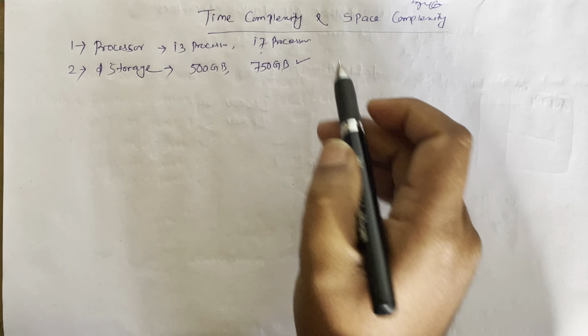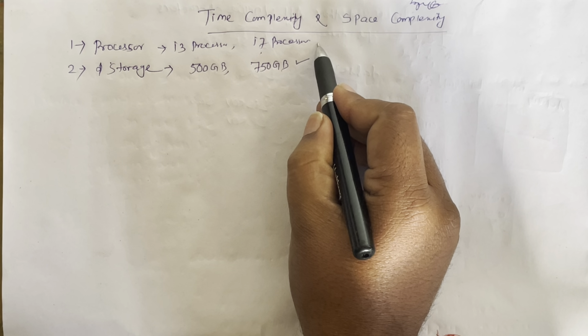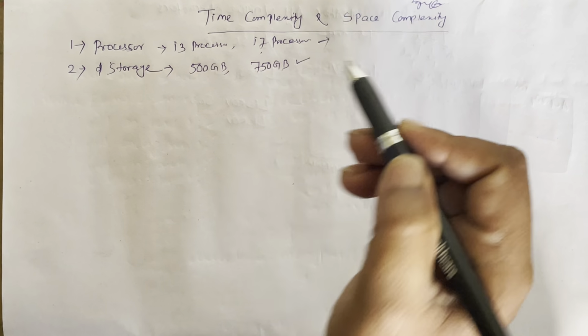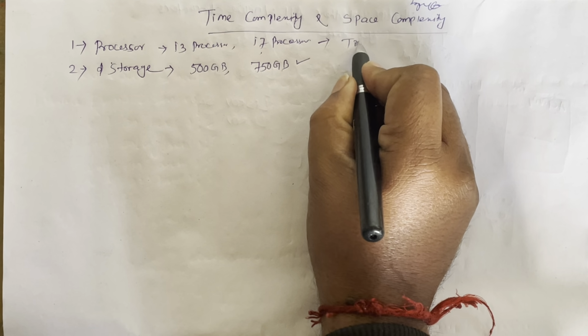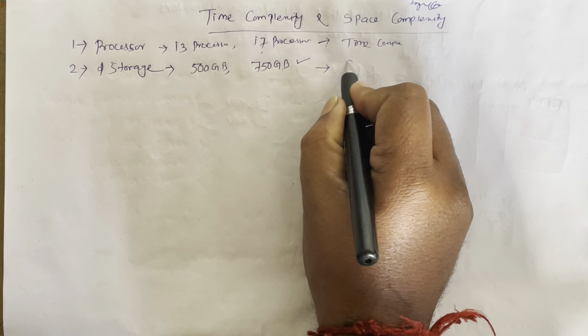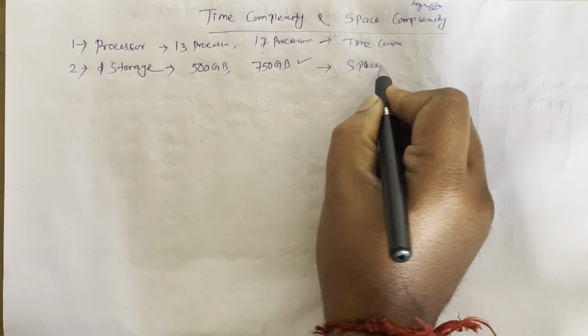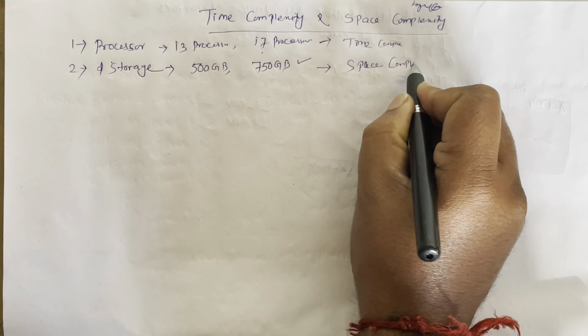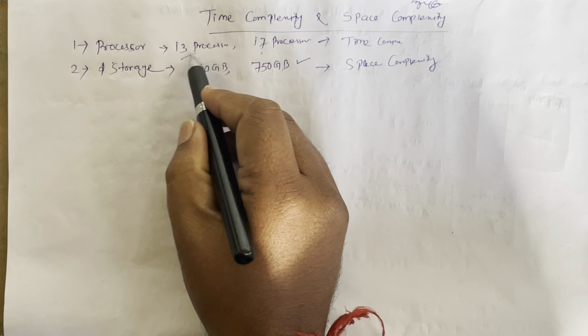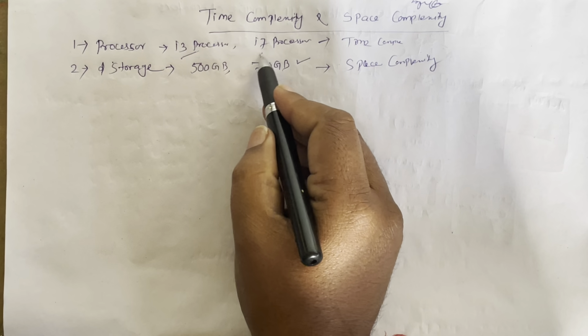Okay, so here one thing: the processor is related to time complexity, and the storage is related to space complexity. That means we will say that for the same task to be executed, an i3 processor will take more time than an i7 processor.